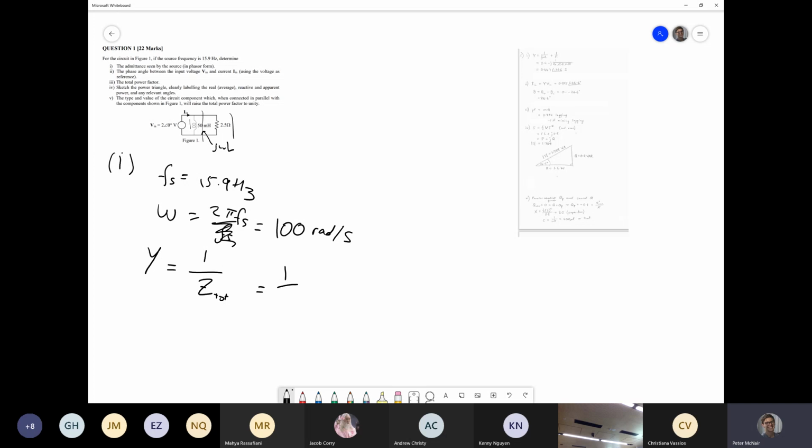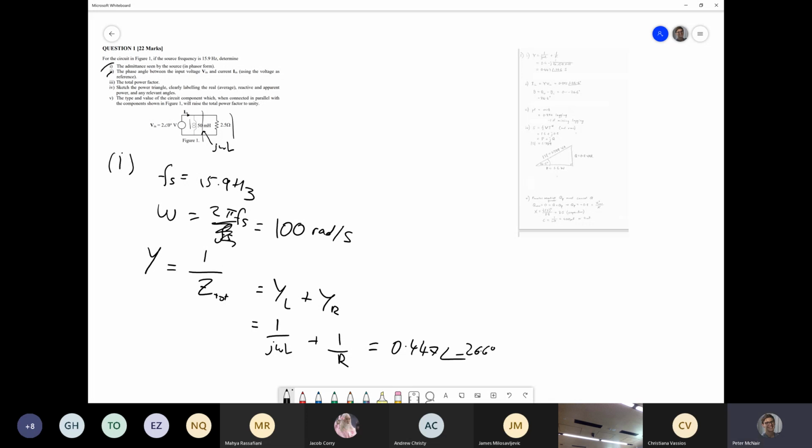So we can look at this as Y inductor plus Y resistor. If we work those out, we get 0.447 angle minus 26.6 degrees. That's not too bad.